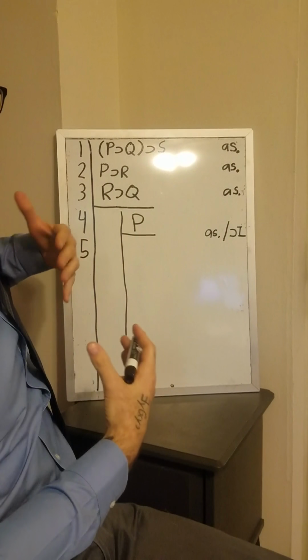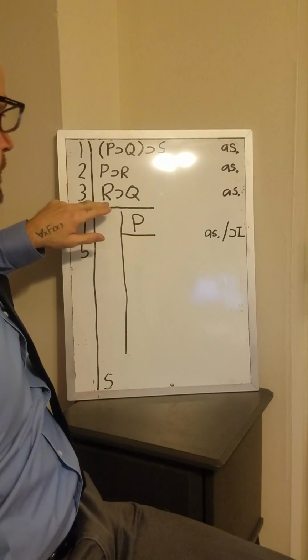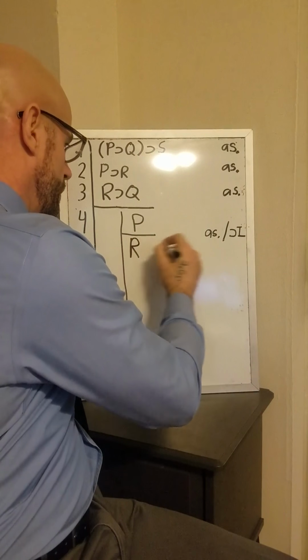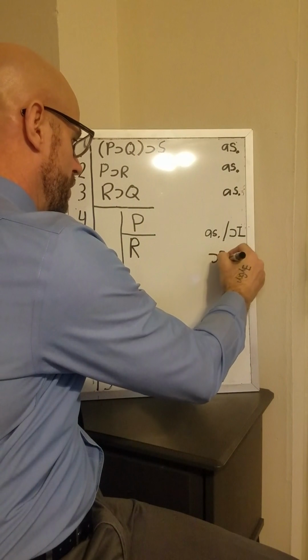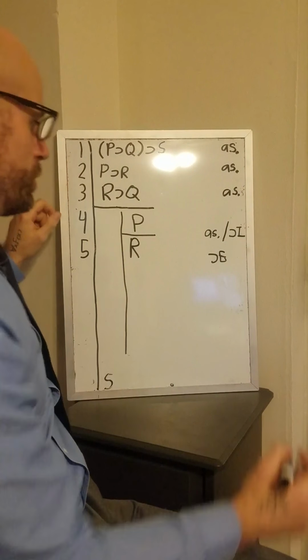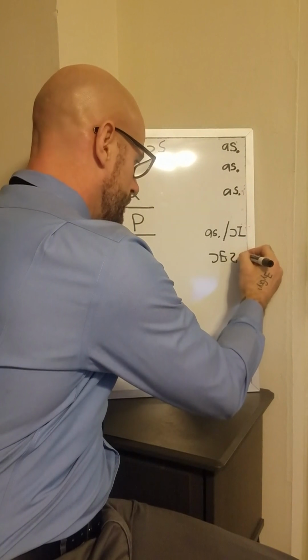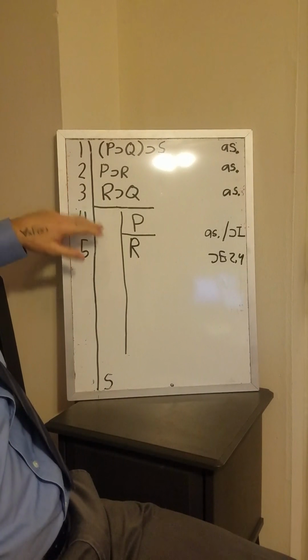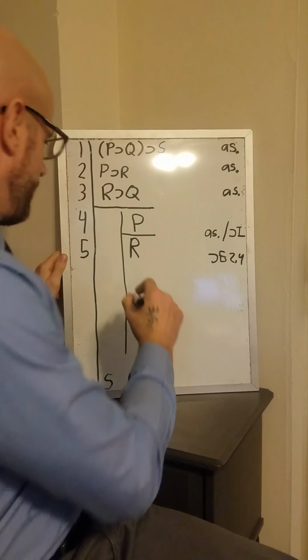Okay, from here, this proof is pretty simple. We get R by conditional elimination on lines 2 and 4. Now with R, we get Q with conditional elimination on lines 3 and 5.